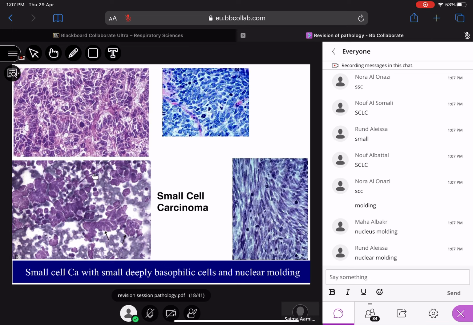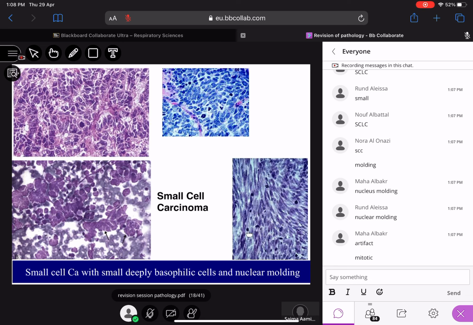And what is this feature? This thread, this line, artifact, crushing artifact we call it. And can anybody tell me what my pointer is showing here? Mitosis.